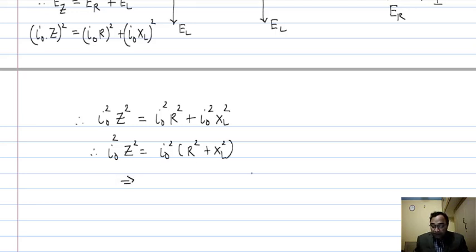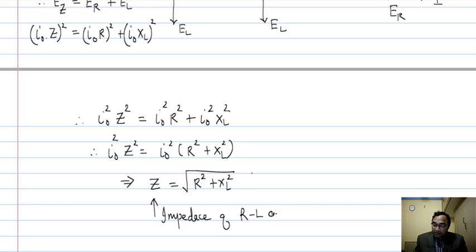From this we conclude the net impedance is the root of R square plus XL square. This Z is said to be the impedance of the RL circuit.